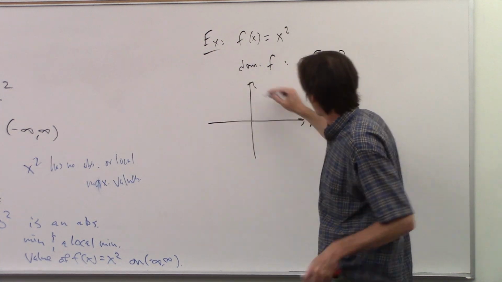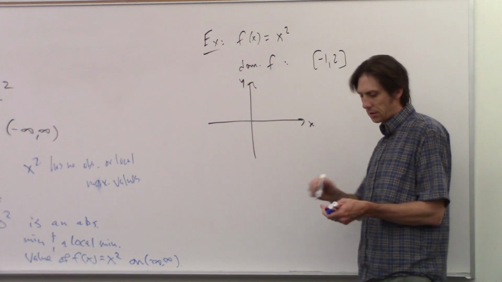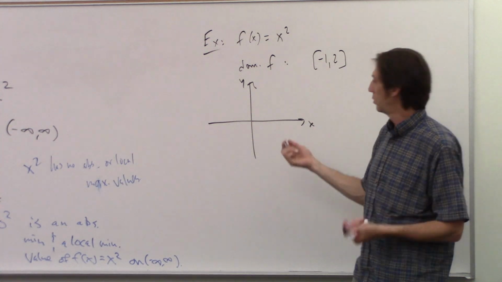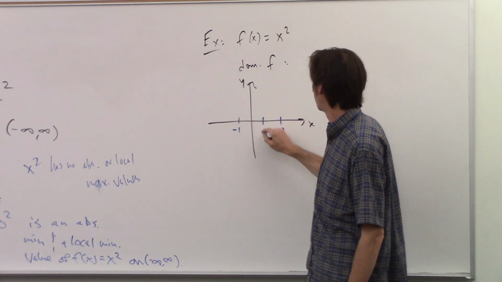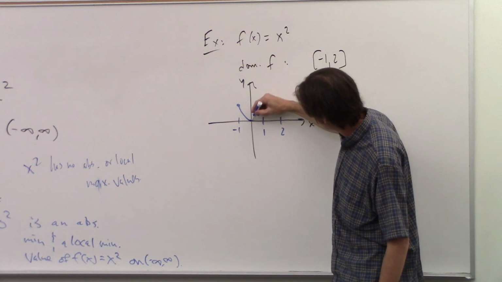In this case, what happens? I no longer get the entire parabola as the graph because I'm only looking at the part of it between x equals -1 and x equals 2. And so in this case, my graph looks something like this.